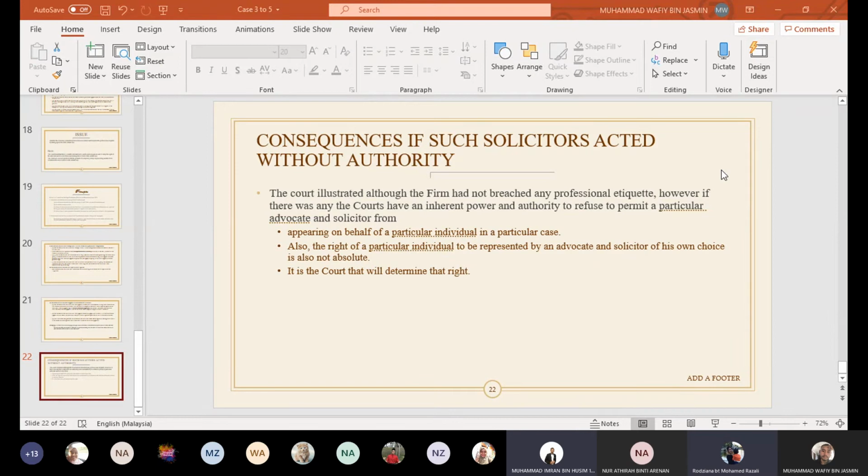So the court's power will supersede the right of the client to be represented by the counsel of his own choice. Okay, sebelum daripada itu, boleh tak you all also check in the LPPE ataupun LPA sama ada lawyers who act without authority can fall under any of the kesalahan tata tertib tu ya, apa tu?